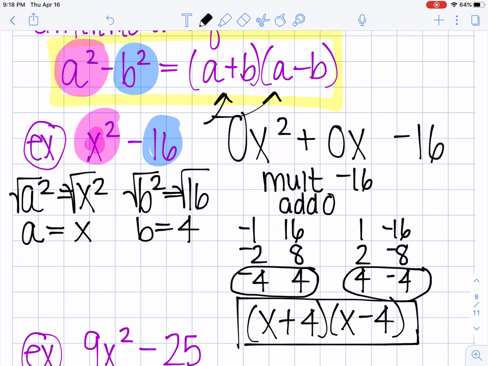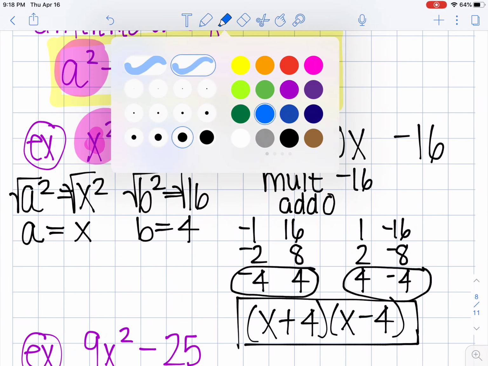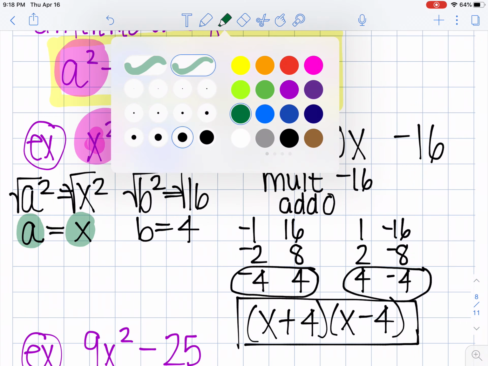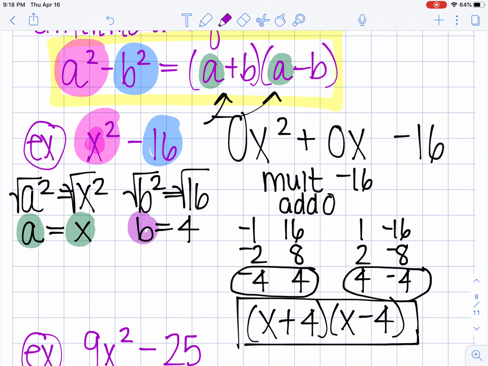So now I'm going to take these values, wherever I have an a, I'm going to plug it in with an x here. And wherever I have a b, I'm going to plug it in with a 4. So my final answer would look like x plus 4 times x minus 4.